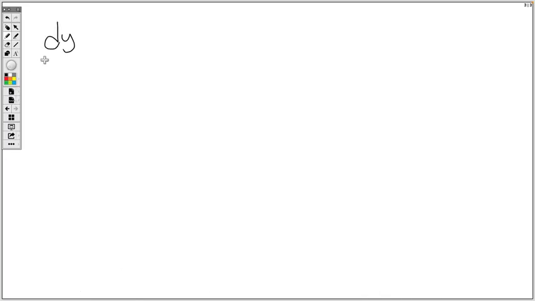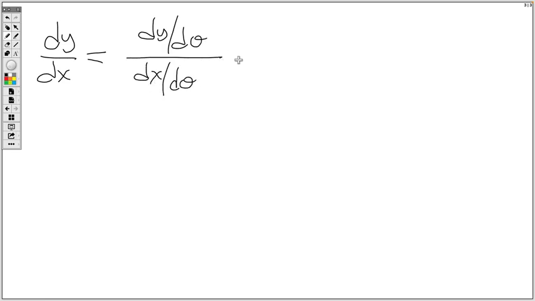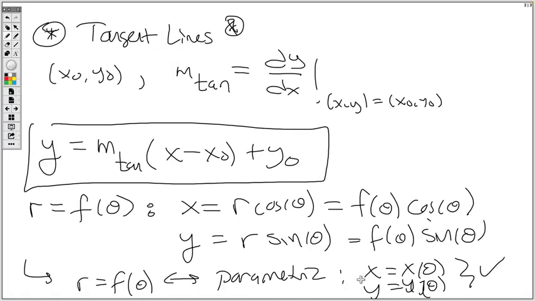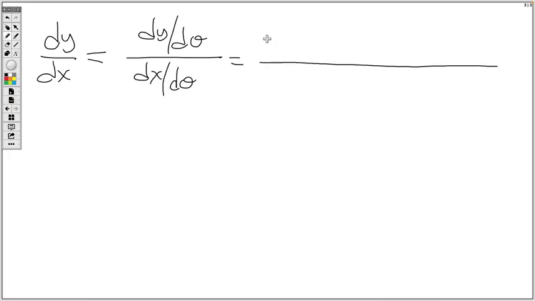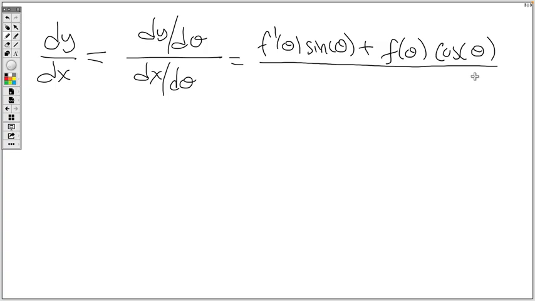So in other words, dy/dx would be dy/d theta divided by dx/d theta. And so let's look at what that would be. dy/d theta: y is f of theta sine of theta, so we take the derivative of that with respect to theta. Gonna have to use a little product rule there. So it would be f prime of theta sine of theta plus f of theta times the derivative of sine of theta, cosine theta.